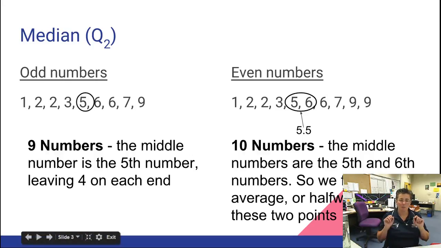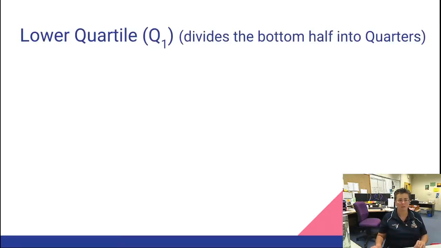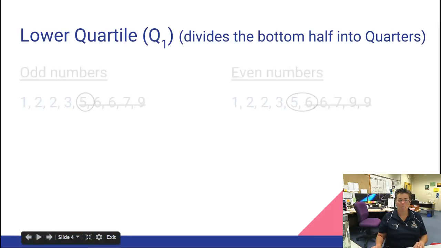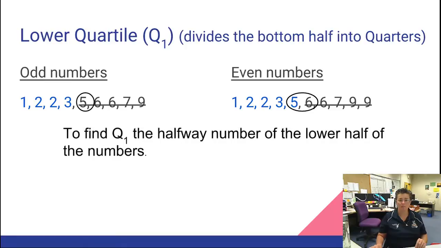Now, once we know what the middle of our data is, we can work out what our lower quartile is and what our upper quartile is. To find our lower quartile, it will be slightly different depending on whether we have an odd set of data or an even set of data. We're looking at the lower set of information, so Q1 is the halfway number of the lower half of the numbers, regardless of if it's odd or even.